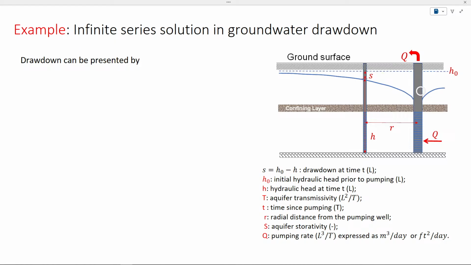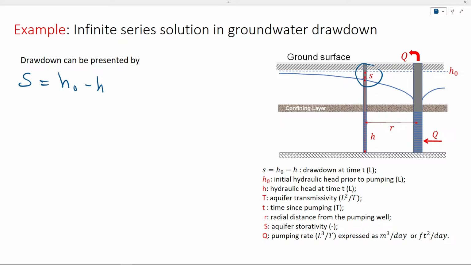After you pump, you expect your hydraulic head to drop, like pressure will drop here. The further you go away from pumping, the less drawdown you'll have. Drawdown is s: your original hydraulic head minus the head after pumping.